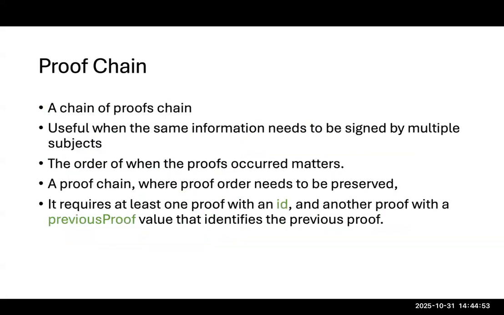We can do something more. We can also have a proof chain that, differently from an independent proof set, is a chain of proofs. Again, useful when the same information needs to be signed by multiple entities. But in this case, the order is important. We can use proof chain when the order in which the proofs occur matters, so when it is important also the order of the signatures.